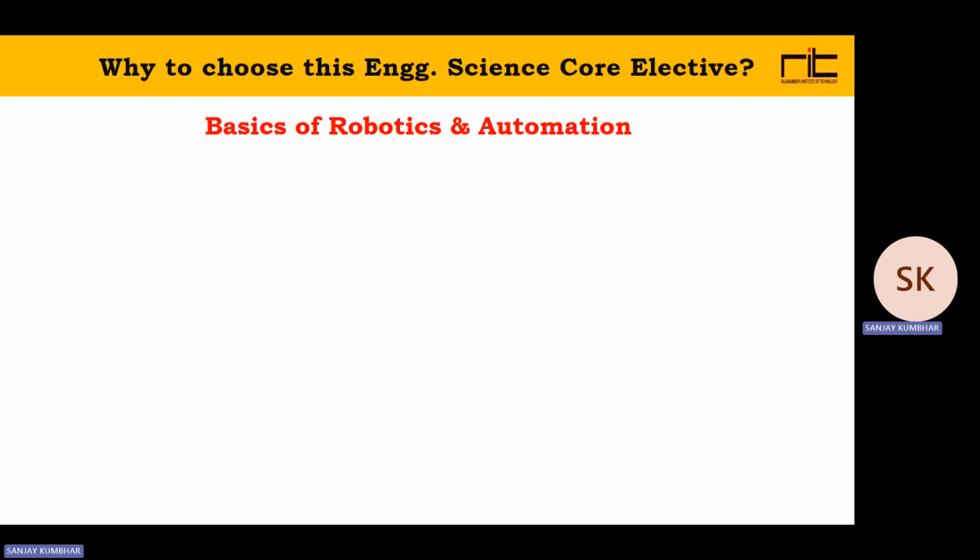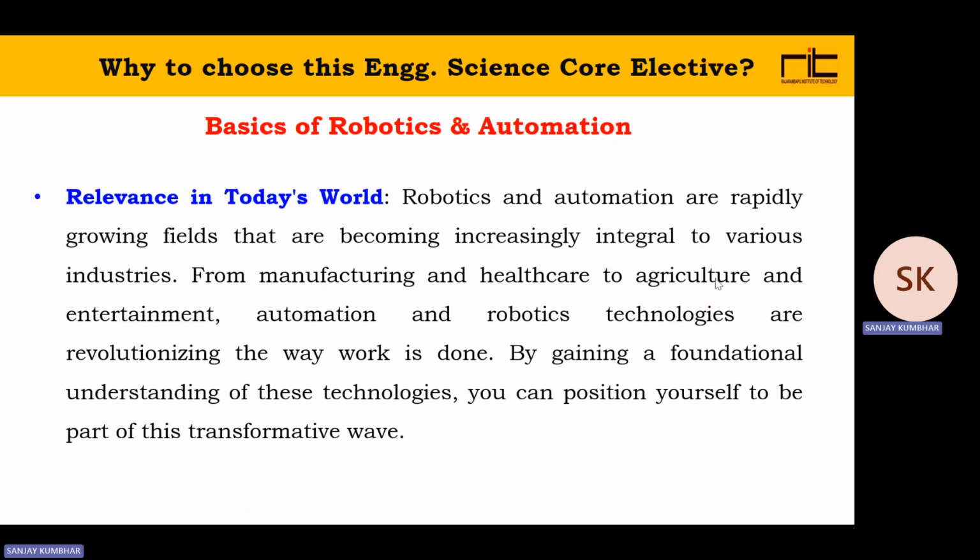So why choose this engineering science core elective? The first and important thing is that in today's world, in every day-to-day life, we are using different automated systems. Robotics and automation are rapidly growing fields that are becoming increasingly integral to various industries.